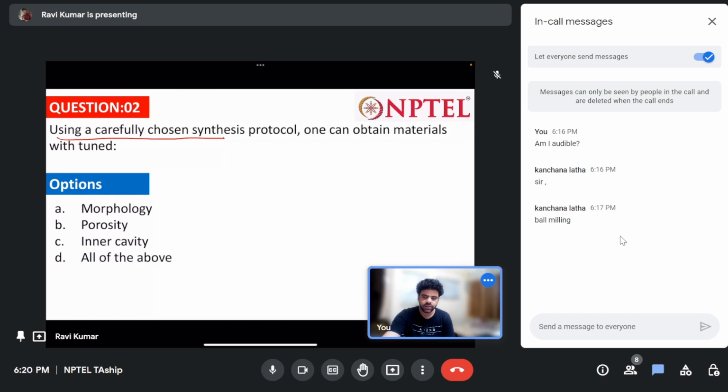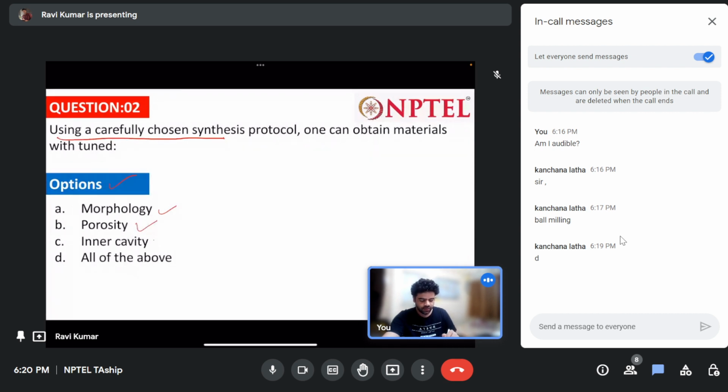You just need to tell me those properties which you can change while synthesizing any material. Yes, D: morphology, porosity, inner cavity, all of the above.